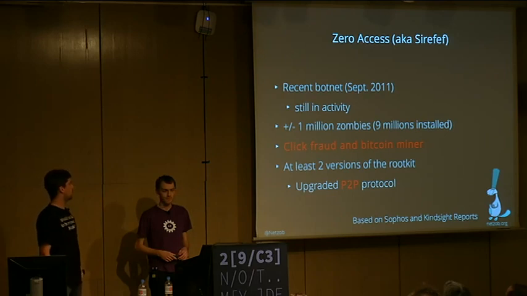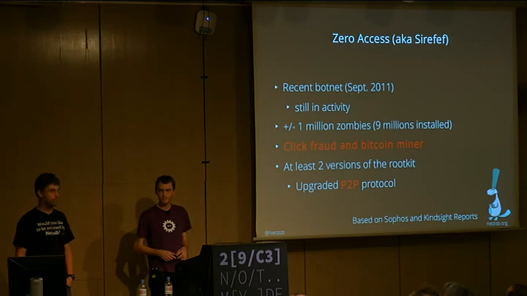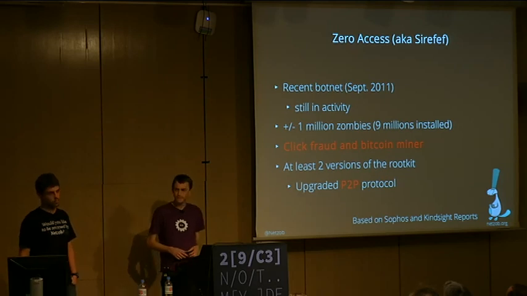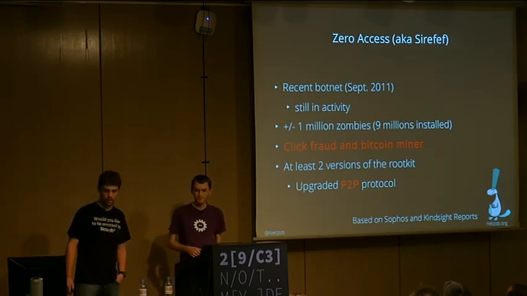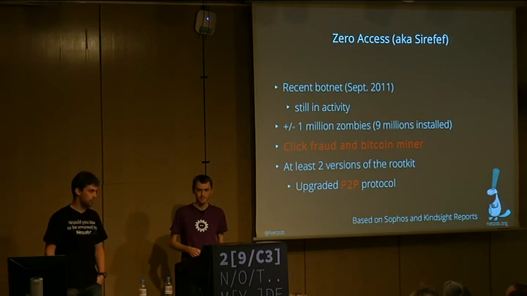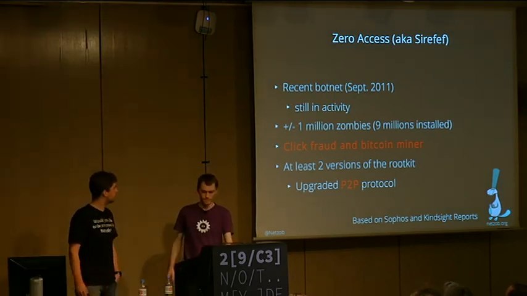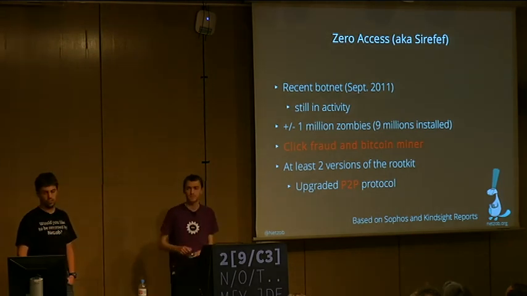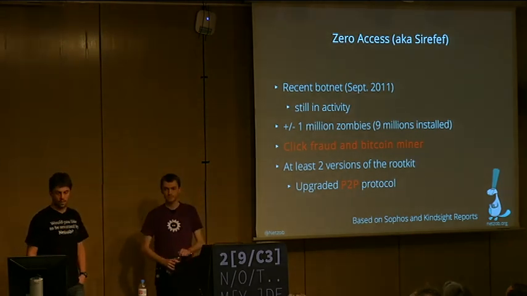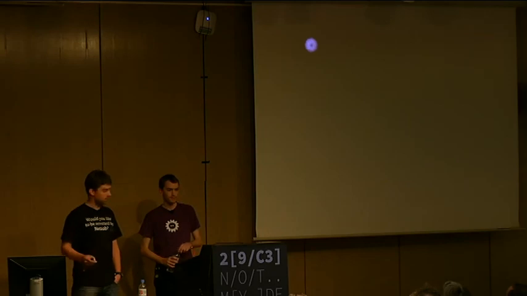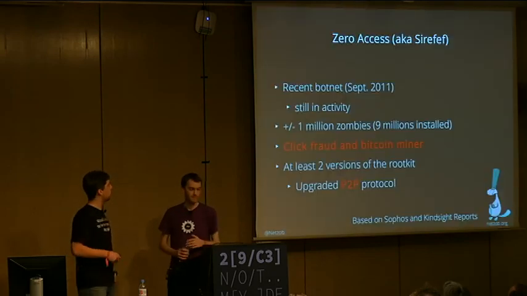Two months ago, Sophos mapped around 1 million zombies in this botnet. And like most of the current botnets, its objective is to gain money. So it executes click fraud and Bitcoin mining to get money. And we are interested in the two.